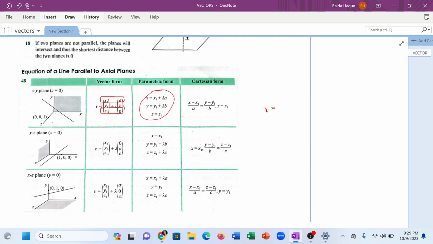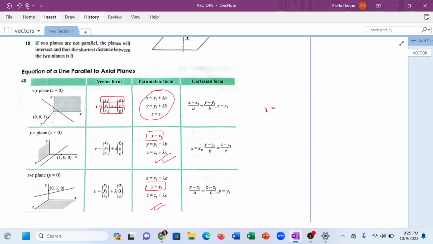Now if we equate the values of lambda, we get x minus x1 divided by a equals y minus y1 divided by b. Similarly, if we repeat this process for the parametric forms of the yz plane and the xz plane, you will end up with this, where x equals x1, and y equals y1.